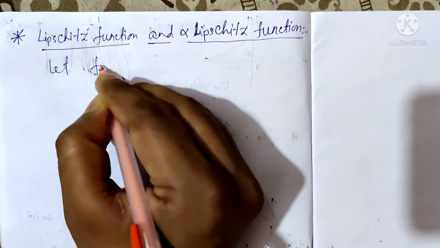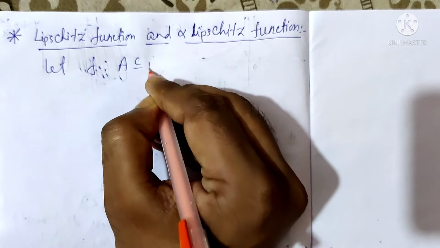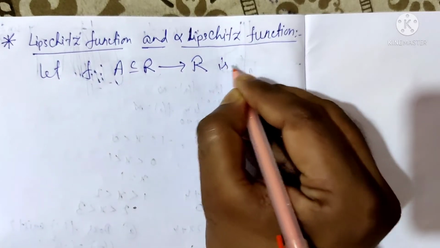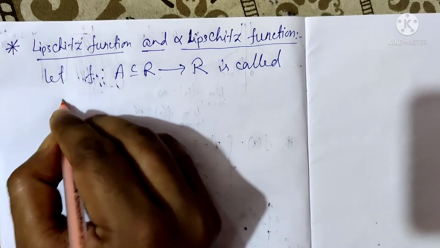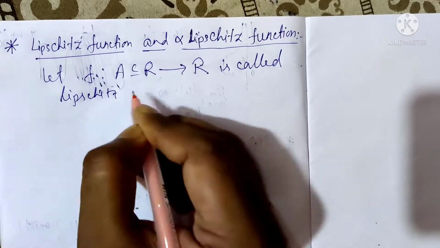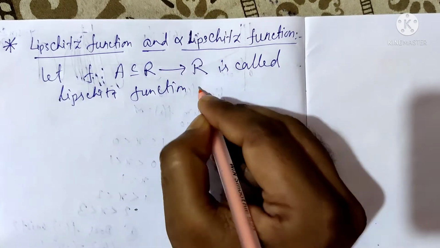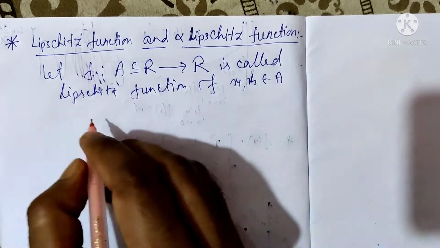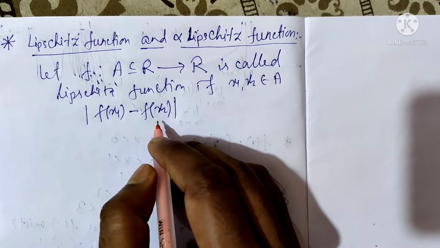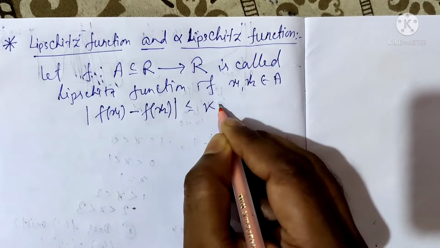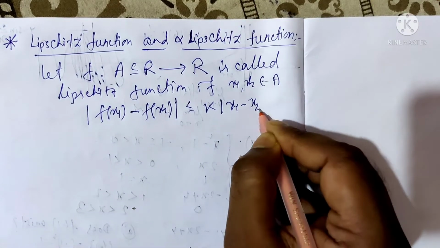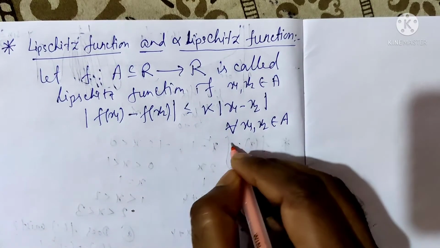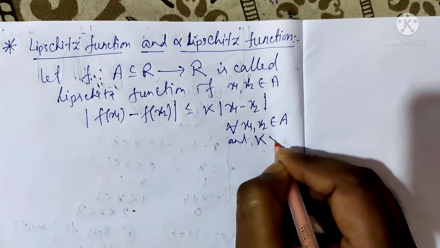Let f map a subset A of the real numbers to the real numbers. It is called a Lipschitz function if, for x1, x2 belonging to A, modulus of f of x1 minus f of x2 is less than or equal to k into modulus of x1 minus x2, for all x1, x2 belonging to A and k greater than 0.